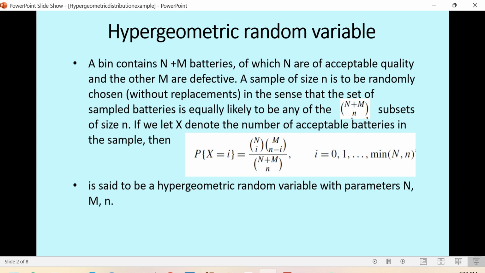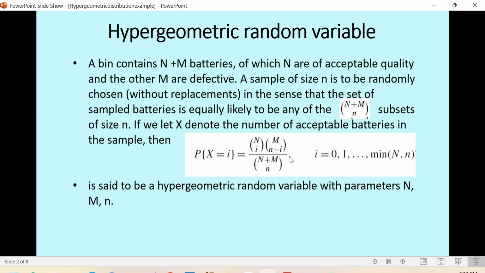We use the probability formula to calculate the probability of X equals i, where i represents the number of acceptable items among the n selected.